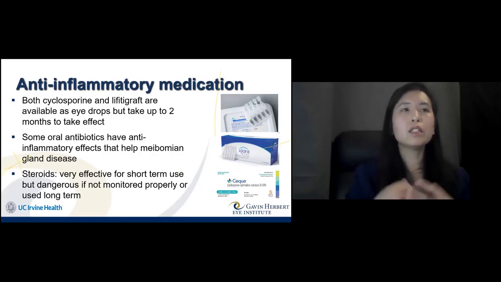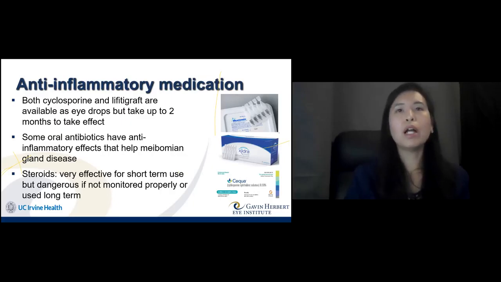But the idea is the same, that these are medications that reduce inflammation without steroid, but they don't take effect right away. So I have had many patients say, oh, I tried it for a week and I didn't feel better. Like I put it in my eye and it burned and I didn't feel any better.